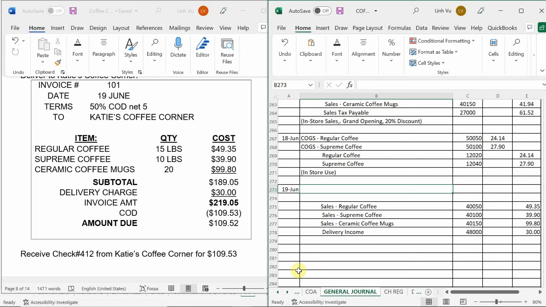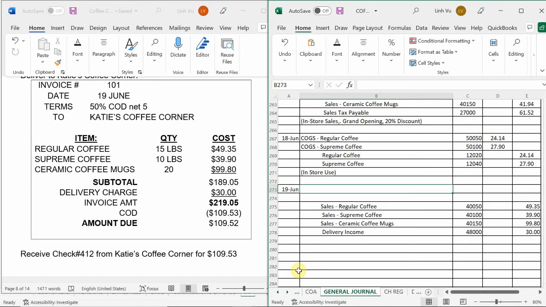So where does the COD go to, if I received money? Not revenue. What did I receive from Katie for the COD?